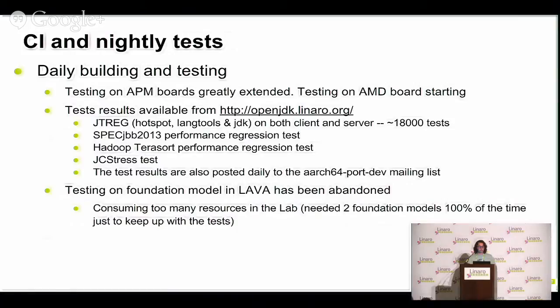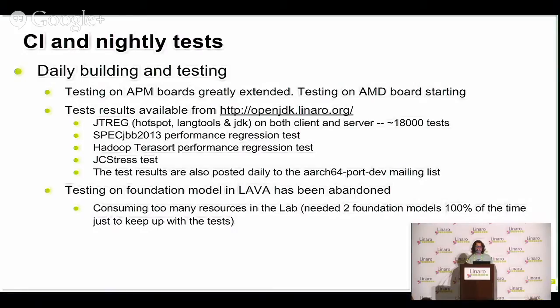And then there are some other performance tests, SPECjbb, and if you go to the website there, you can actually see the numbers. JCStress is a kind of new test. It's a little bit experimental, and it validates the concurrency behavior of the JDK in the JDK itself, in the libraries, and potentially in the hardware as well. And the test results are also posted daily to the AArch64 dev mailing list.